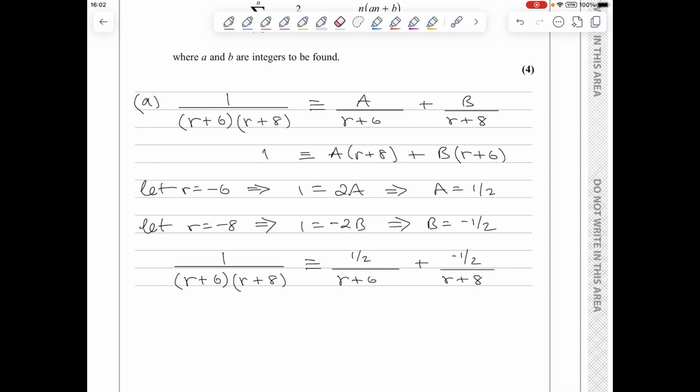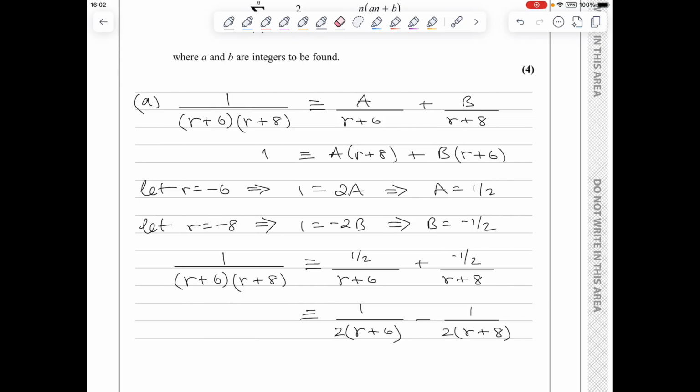So now I can write the original fraction as two separate ones, and I can even take the 2 into the denominator and have my final form as 1 over 2(r+6) minus 1 over 2(r+8).